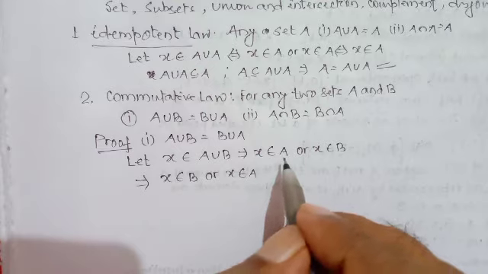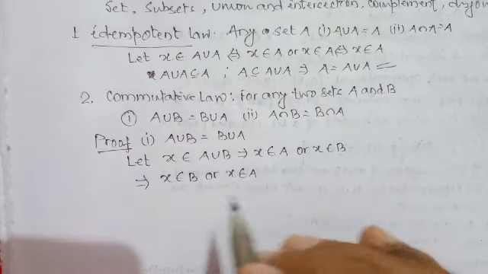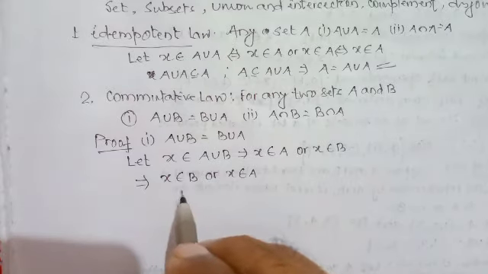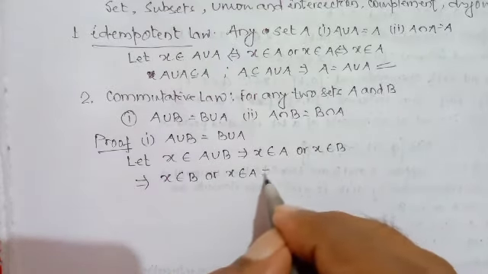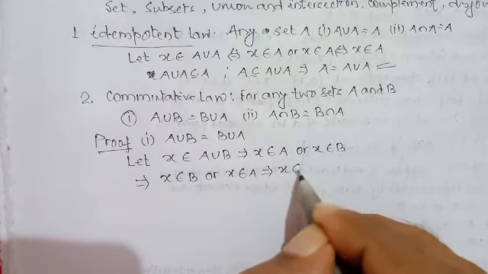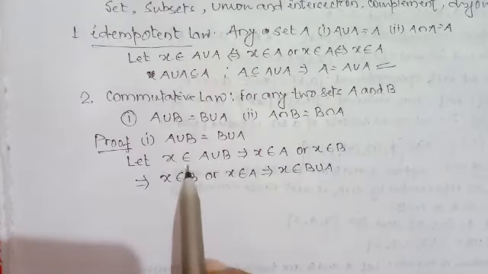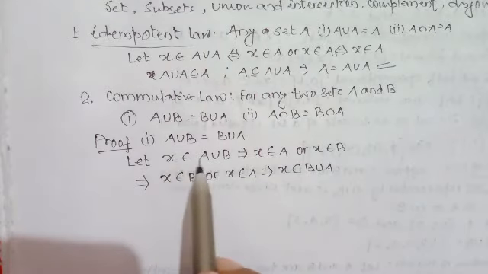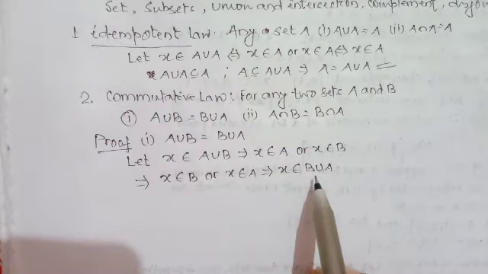So this implies X belongs to B union A. Thus we have seen X belongs to A union B implies X belongs to B union A.